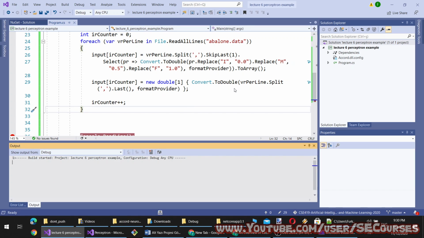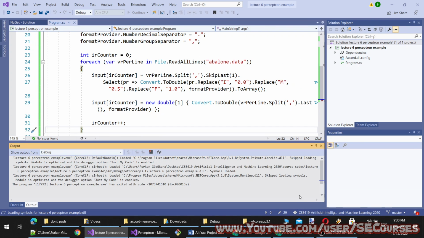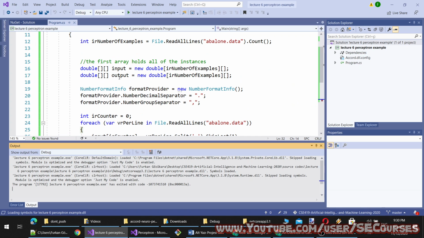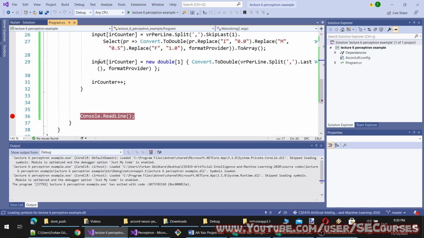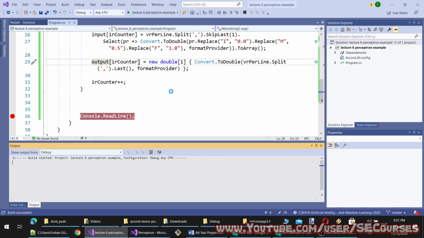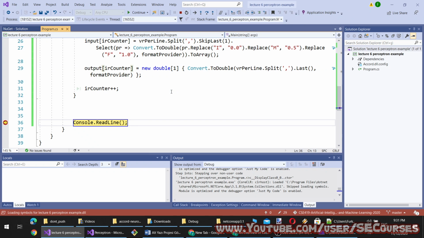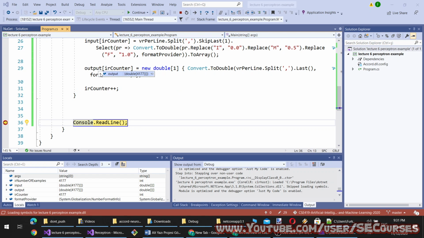Let's check it out. Oh, by the way, I have used the same object. This should be output. All right, let's check our output data.